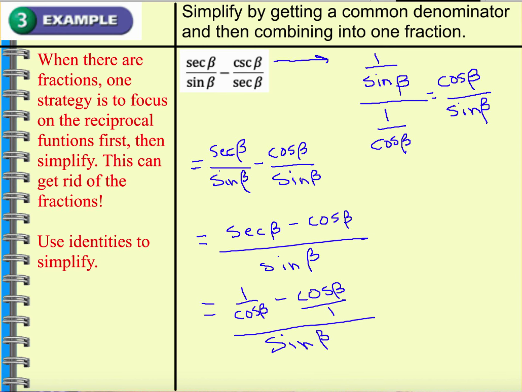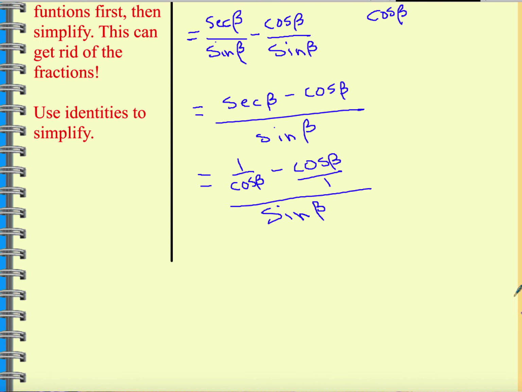And in order to subtract those fractions, I'd have to get a common denominator. So this denominator needs to be a cosine. Let me rewrite as neatly as I can what I have now.